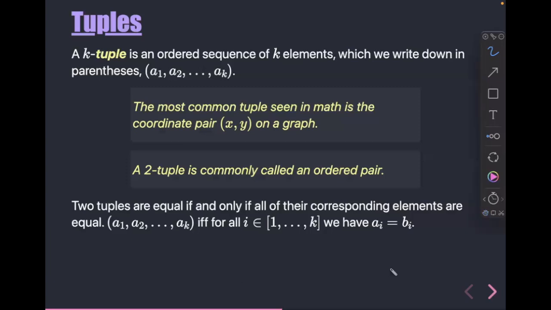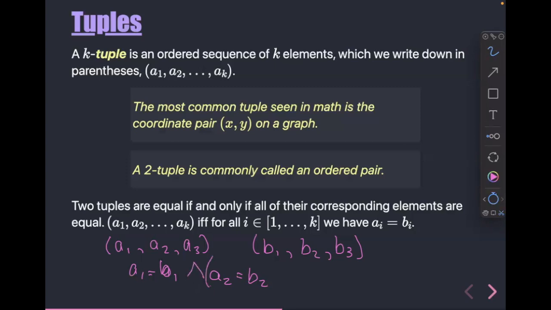Basically, if I have one tuple A1, A2, A3, and then I have this tuple B1, B2, B3, it must be the case that A1 equals B1, A2 equals B2, and I'm going to use my AND operator to combine these, and A3 equals B3.